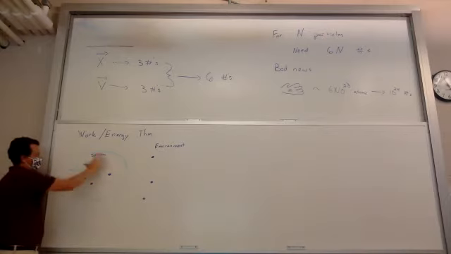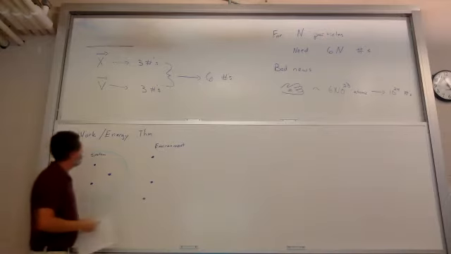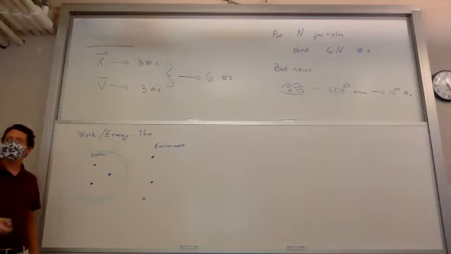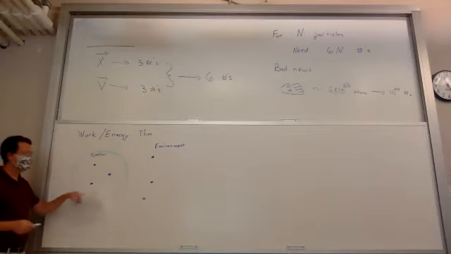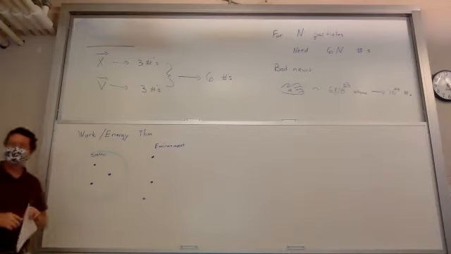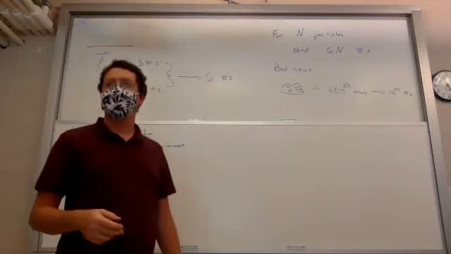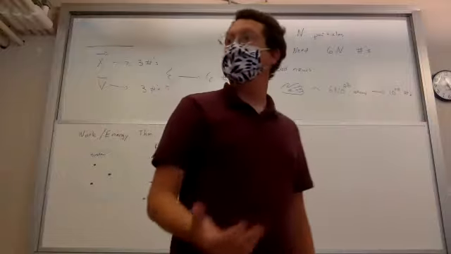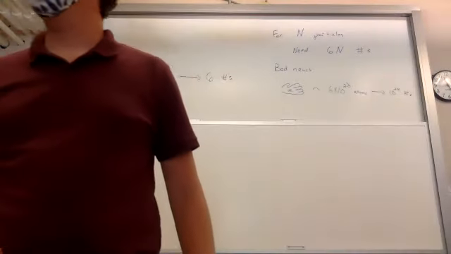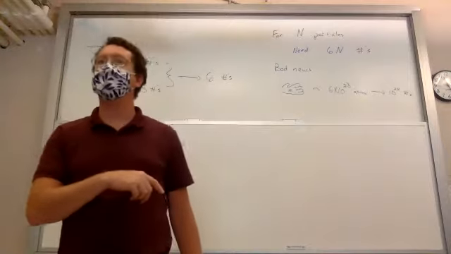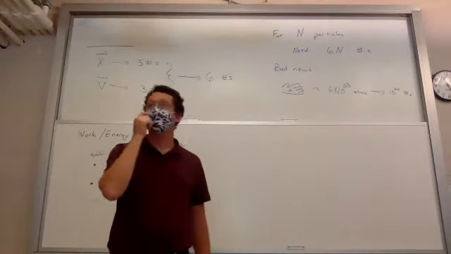So inside the system, there are various types of energy that it could have. What were the types of energy we talked about? One of them, I gave you the formula: kinetic energy.